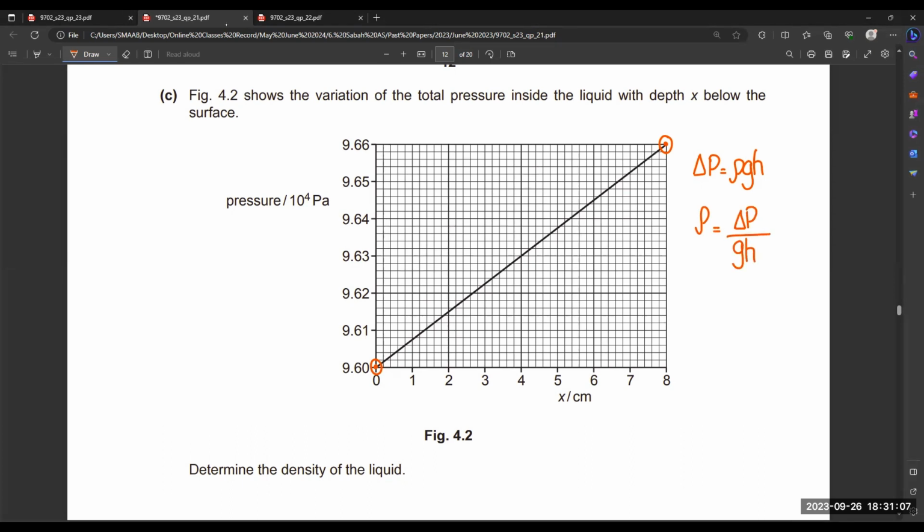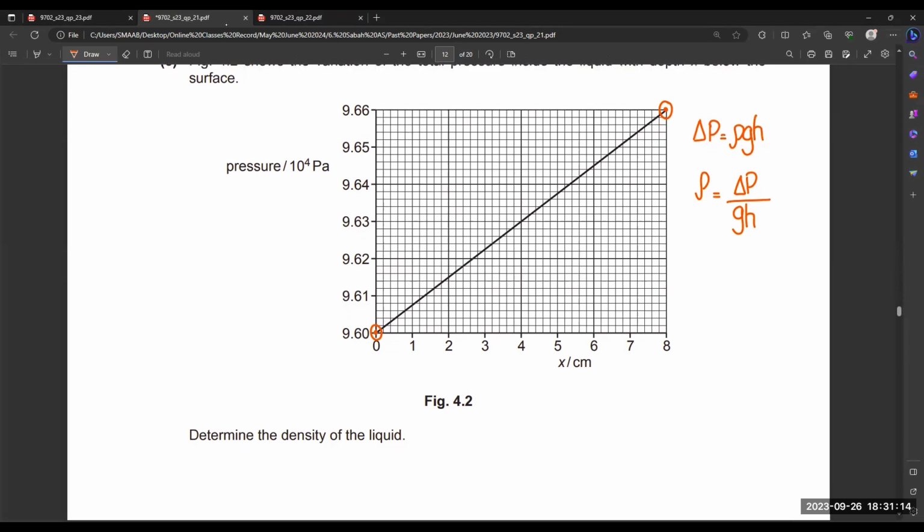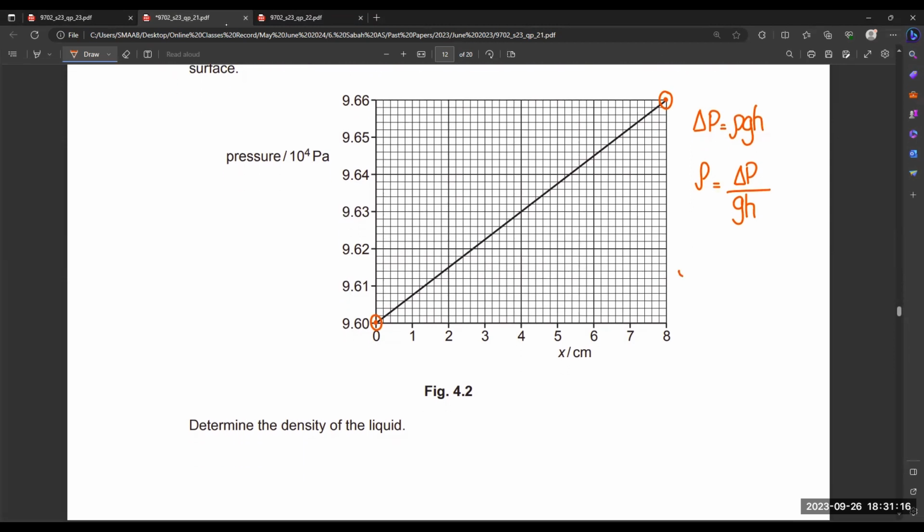Yes, very good. So basically, you can easily identify that we have to use the same equation. We only need to rearrange the equation, then substitute the values. So you already found the difference in the pressure, 9.66 minus 9.60, divided by the value of g.